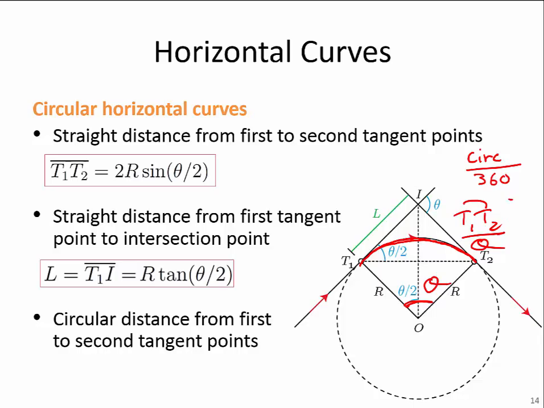So those have to be equal to each other. So this expression for the circumference is 2 pi r. Rearrange that. We've got circular distance from the first to second tangent point is equal to intersection angle multiplied by the radius by pi over 180.